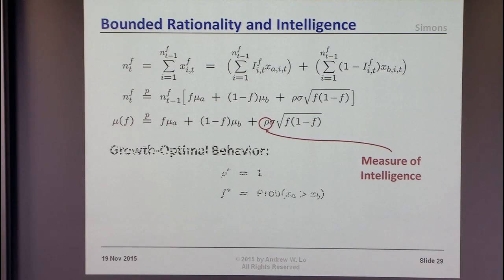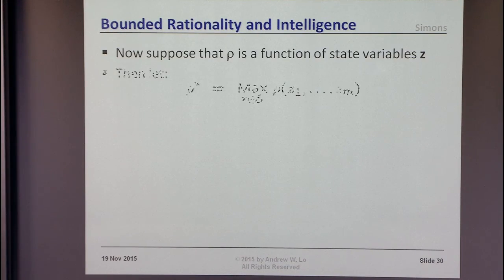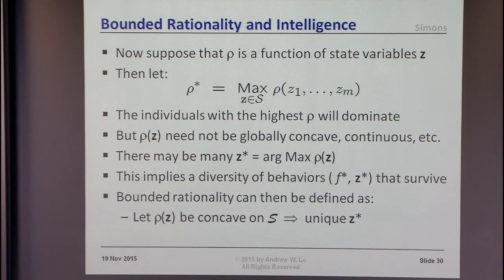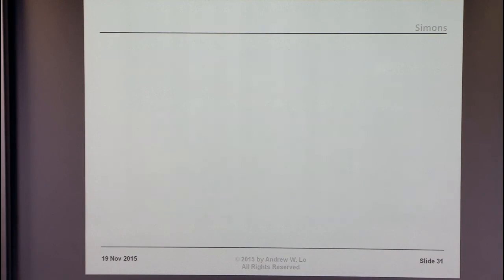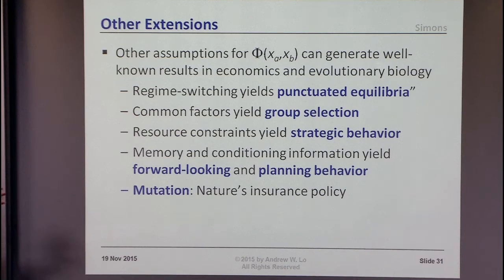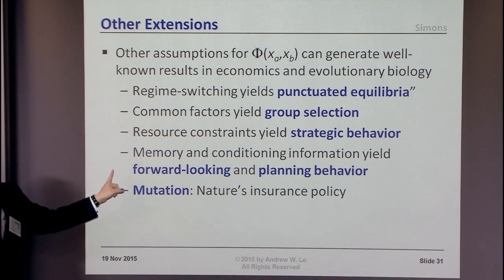And you can show that, obviously, if you can get that correlation to be 1, you're going to grow the fastest. In general, we can't make the correlation equal to 1, so there's some nonlinear surface that will allow various different state variables to give us predictive power. That gives us various kinds of behaviors that could be optimal because we have different methods of forecasting XA versus XB.